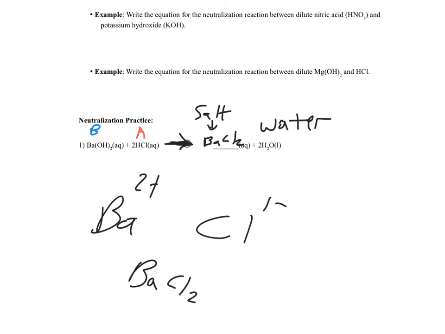And even if you just take a quick look back at your equation when you're done, if you had happened to just put BaCl, hopefully you would have noticed that there are 2 chlorines on the left, and you would have only had 1 chlorine on the right. So that might have tipped you off that you should have probably changed that compound to BaCl2.